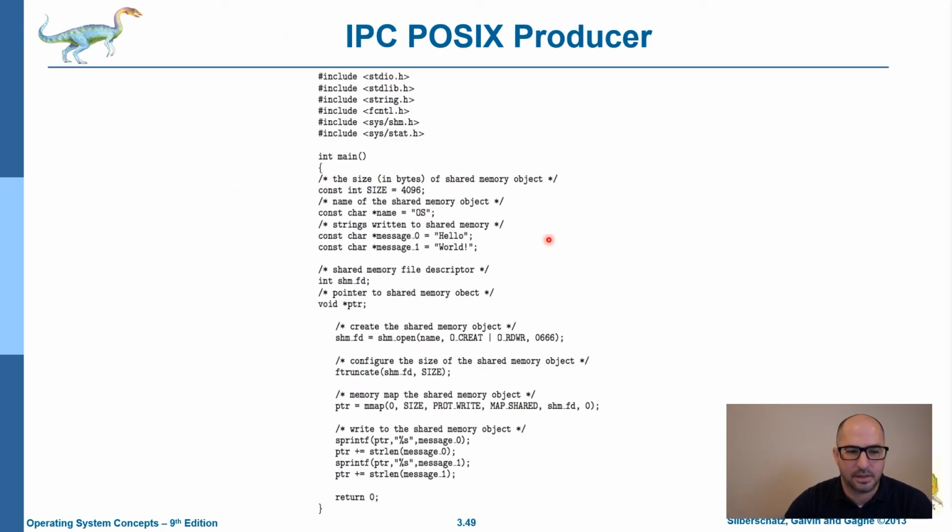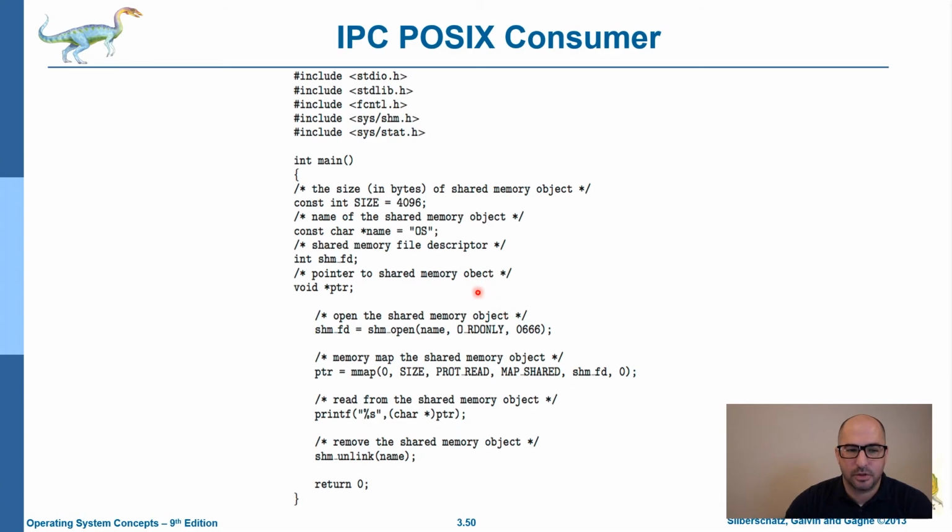Taking a look at the slide for it, we set up our parameters, our size, our message, and then our file pointer. Our producer opens the shared memory, sets the size of it, and writes to it. The consumer will open up that shared memory.